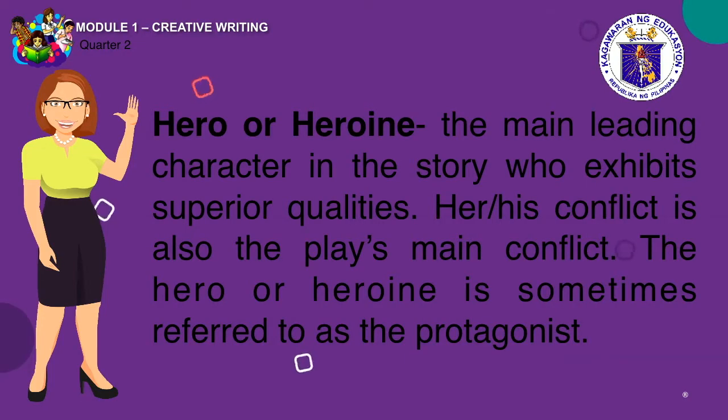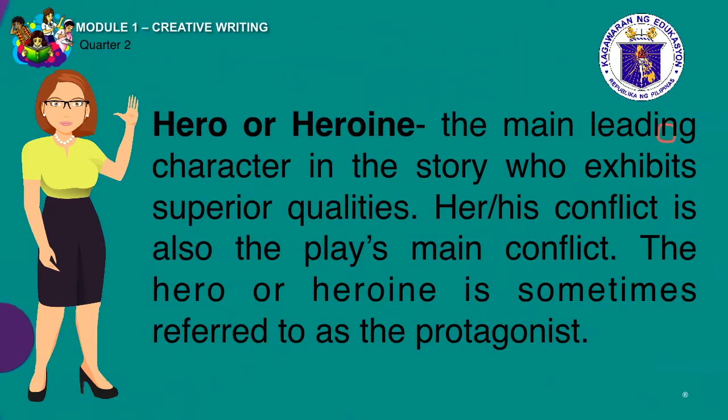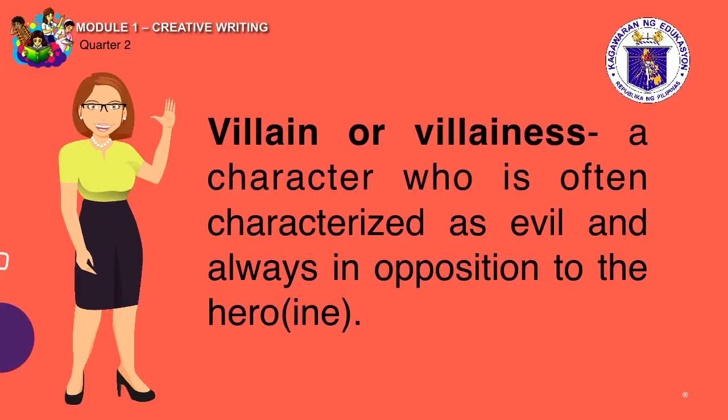First, hero or heroine, the main leading character in the story who exhibits superior qualities. Her or his conflict is also the play's main conflict. The hero or heroine is sometimes referred to as the protagonist. Second, villain or villainess, a character who is often characterized as evil and always in opposition to the hero or heroine.